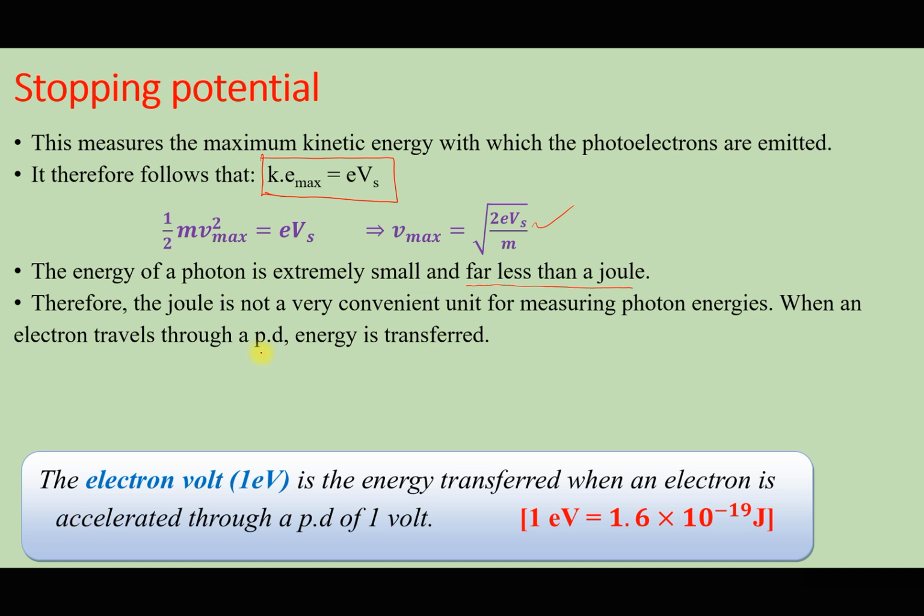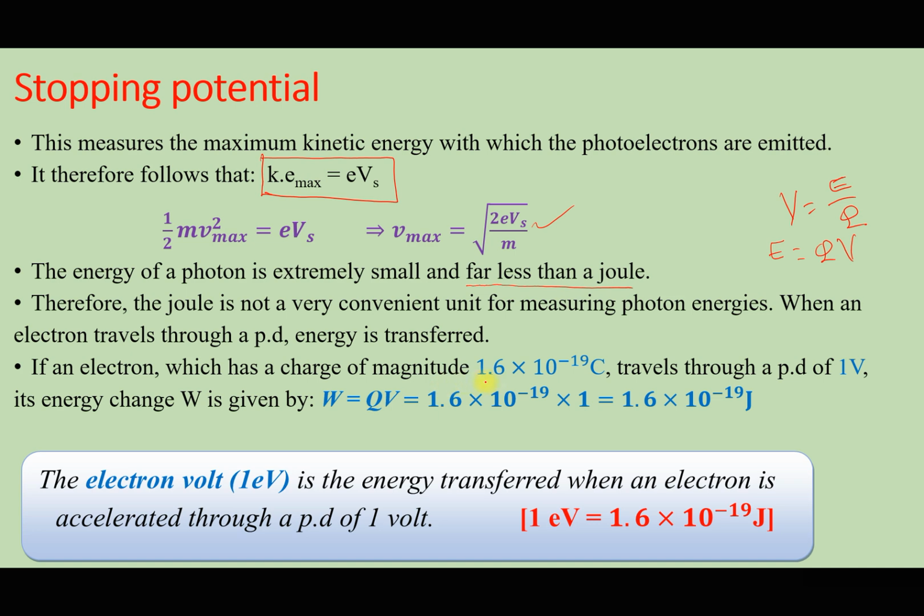So when an electron travels through a PD, energy is transferred, and you remember PD is equal to the energy transferred per unit charge. That means the energy transferred is equal to the charge times the PD. So if an electron which has a charge of 1.6 times 10 to the power of minus 19 coulombs travels through a PD of 1 volt, then its energy change is given by 1.6 times 10 to the power of minus 19 coulombs times 1 volt.